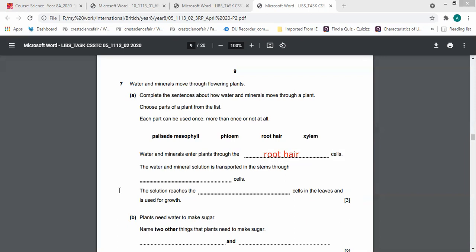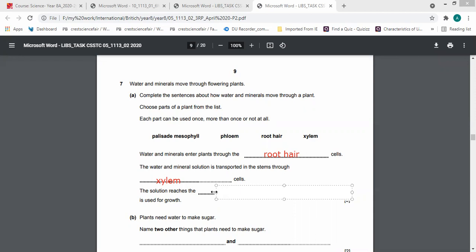The water and mineral solution is transported in the stems through the xylem, to the other parts. The solution reaches the cells in the leaves: palisade mesophyll. Yes.